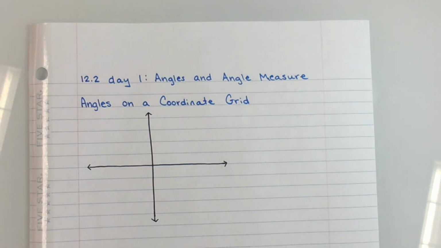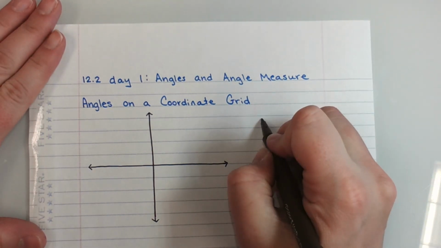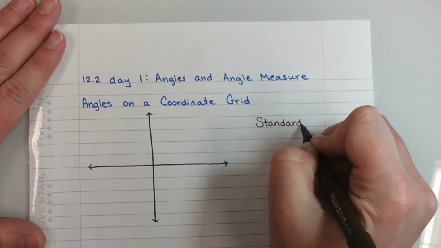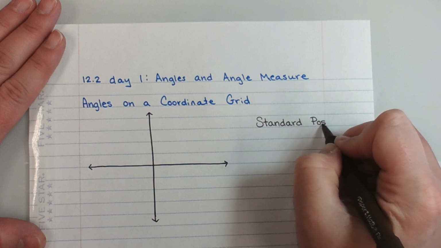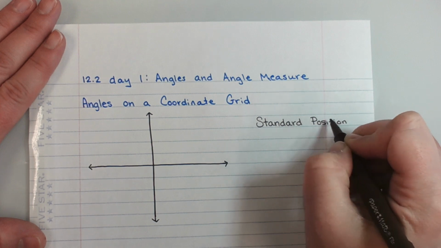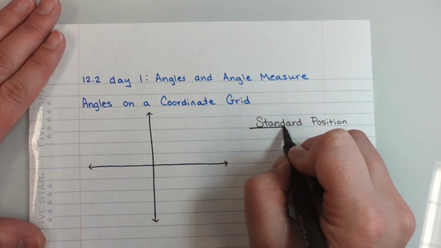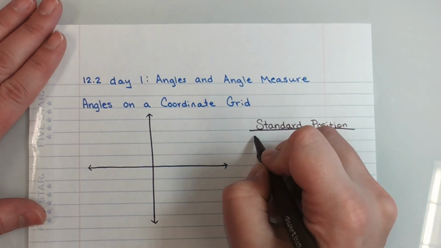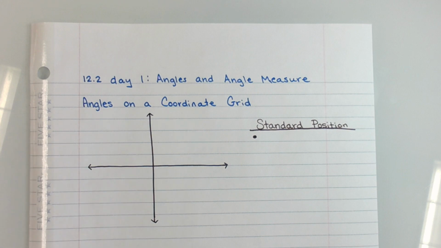Here's my coordinate grid. I want to talk about an angle in standard position. It has some specific features to it.